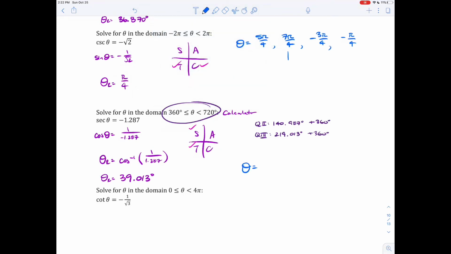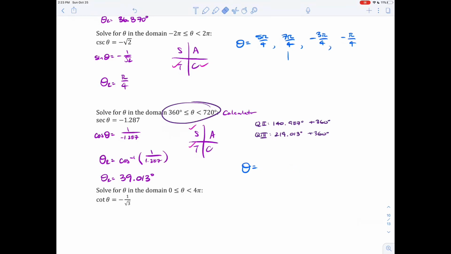So in this case, theta could be... Oops, something is wrong here.